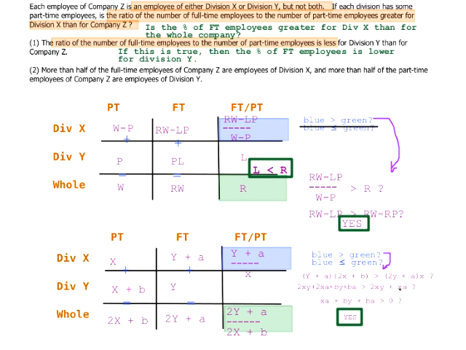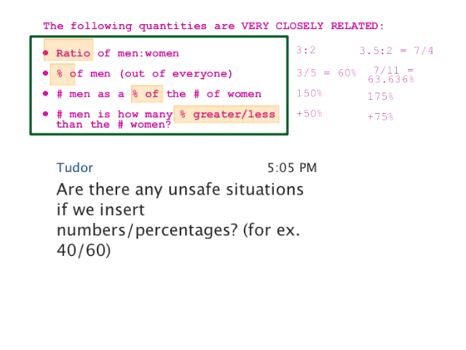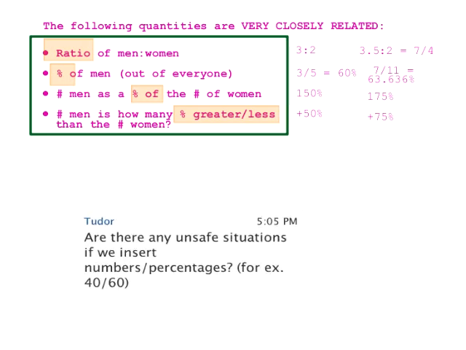All right. Let's do another one. As far as, okay, the question about percentages, I mean, are there any, tutor, I'm afraid I don't really understand exactly what this question means, but the point of this observation above, which I should probably write down explicitly, is that if one of these quantities increases, then all of them increase.